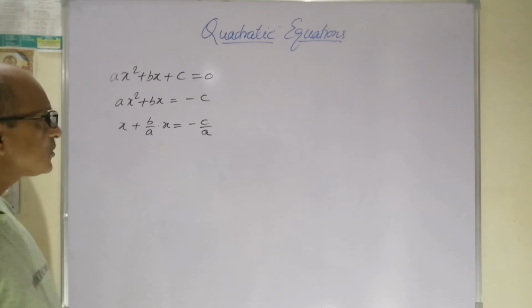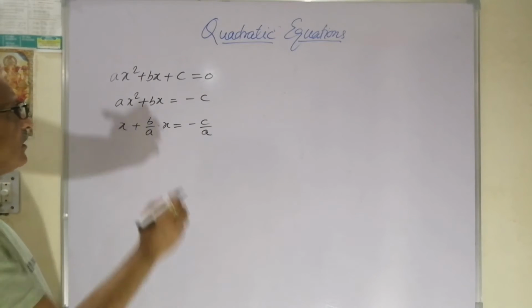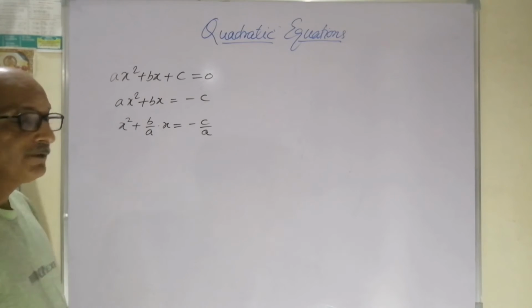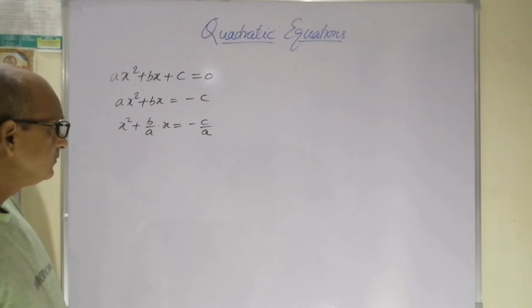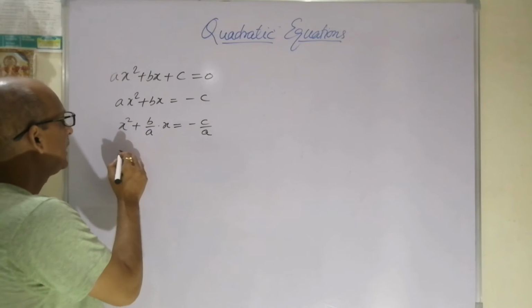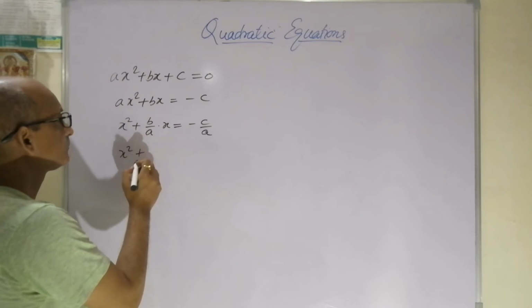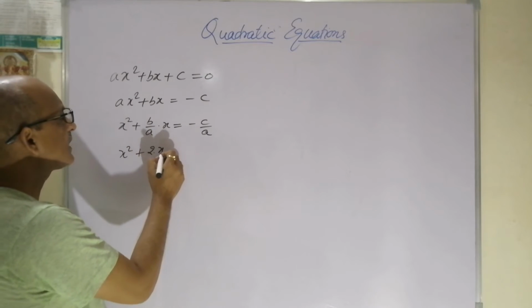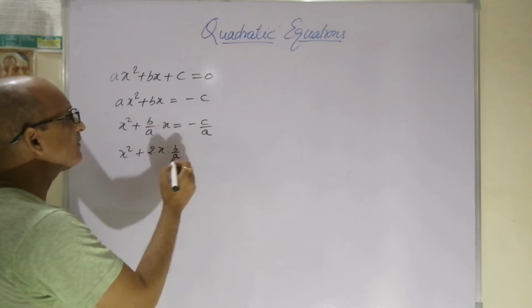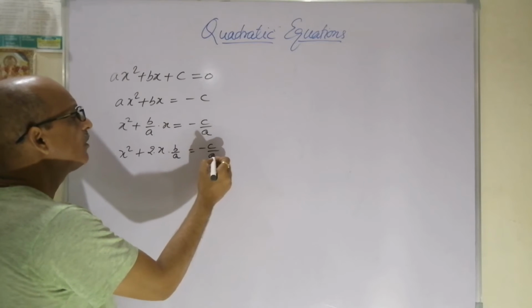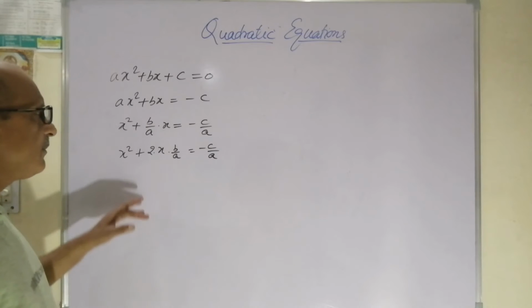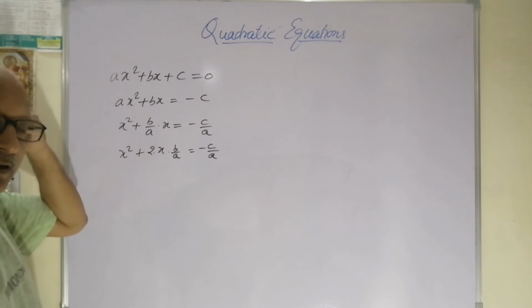Why is it so? We are interested in making x square free from the coefficient. Next step, we can have x square plus 2 times x into b upon a, that is minus c upon a. Why am I writing this? Actually I am interested in converting it into a perfect square.